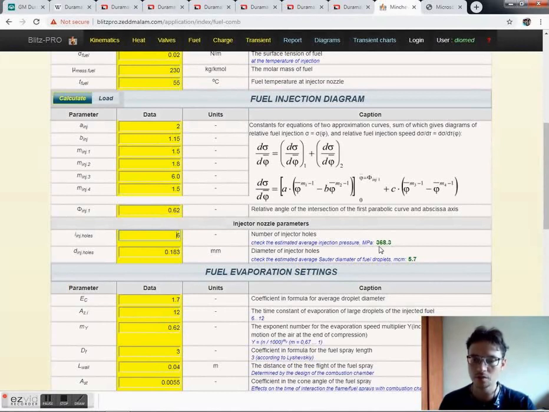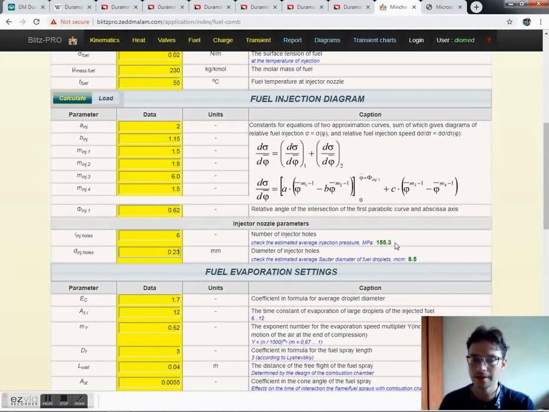It's more than 350 megapascals, so it's very big. That's why we can increase the bore of these holes to match the needed fuel pressure, around 155 megapascals.